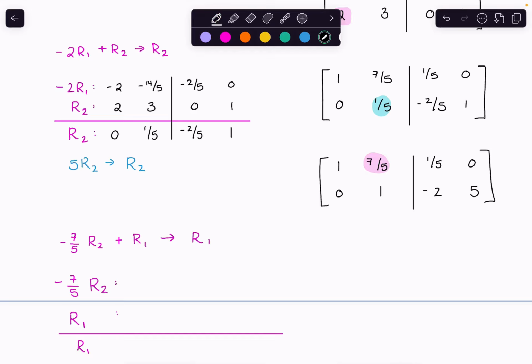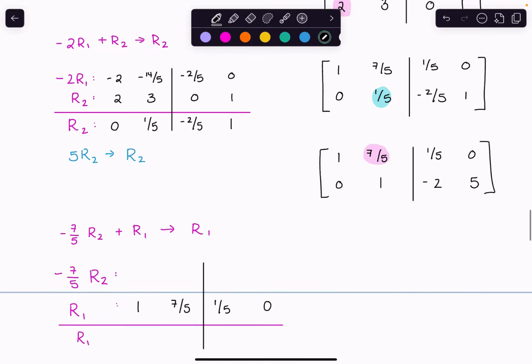So I'm just going to copy row 1 to begin with, 1, 7/5, then we have our bar, 1/5, and 0. Now I've got to times this by -7/5. So thankfully this times -7/5 is still a 0. That times -7/5 is -7/5.